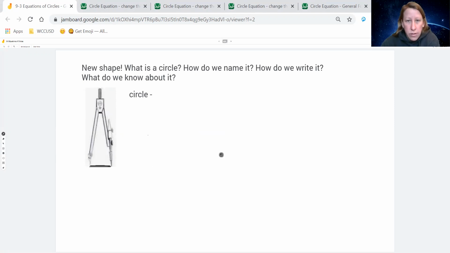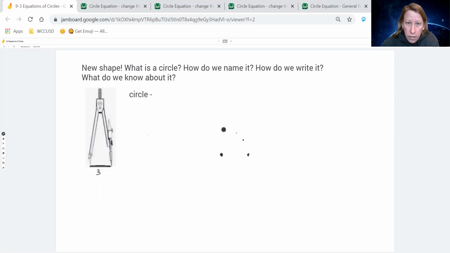Okay, and how do we use this tool to draw a circle? Well, it starts with where you stab your paper with that sharp point. And then let's say this was 3. If I was going to draw a circle, I would go out 3 and I would have a point right there. I would also go out 3 here and I would keep going.